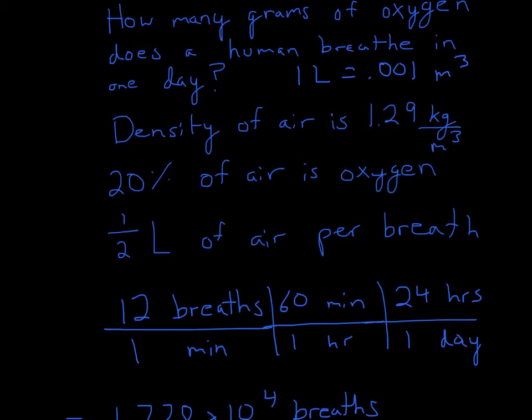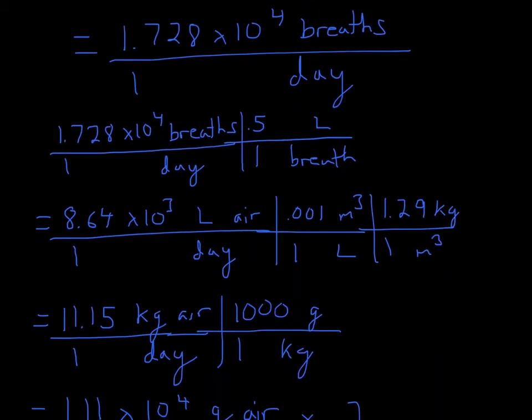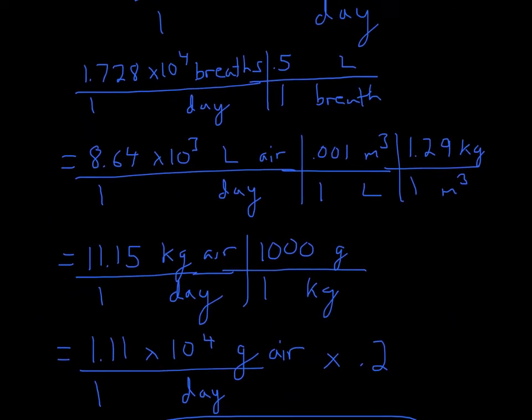The 1 is invisible. So after all of that, liters cancel, m cubed cancel, and you're left with kilograms per day. And once again, notice how it's air, not oxygen. So now we're at kilograms, but they asked for grams. So we convert kilograms to grams.